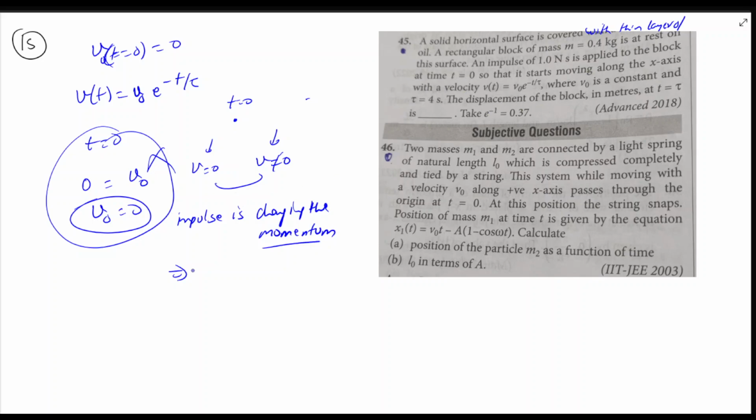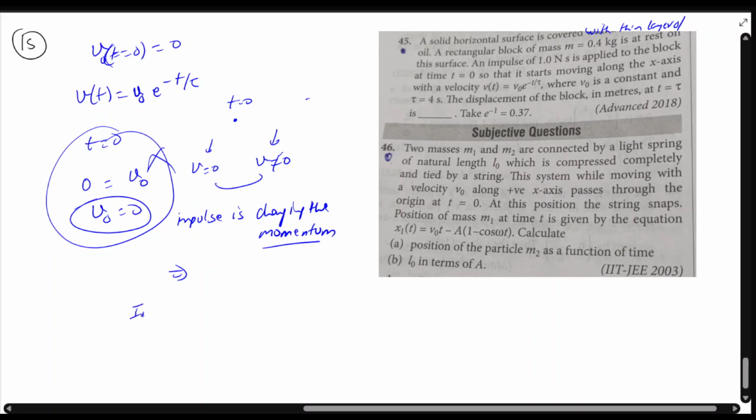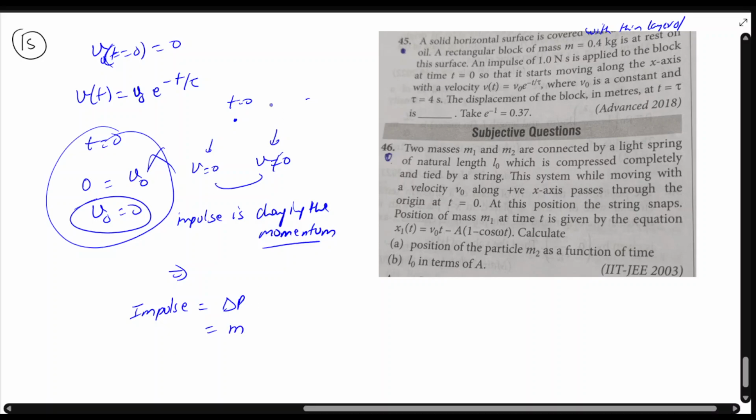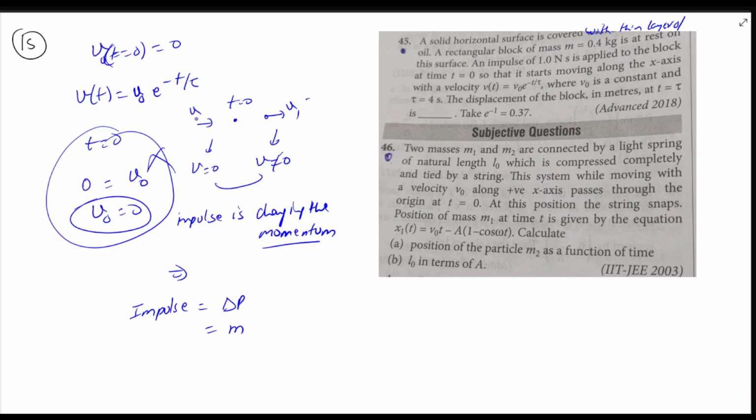So we have to find the displacement. For that, let's find v naught. We have the impulse. Impulse is the change in momentum, delta p. Let's say just before it is v initial, and just after it is v final.